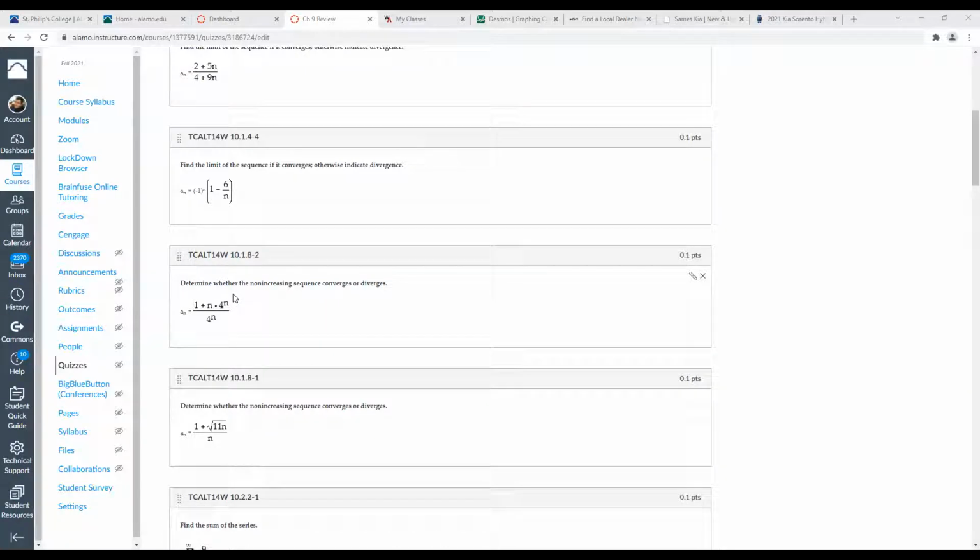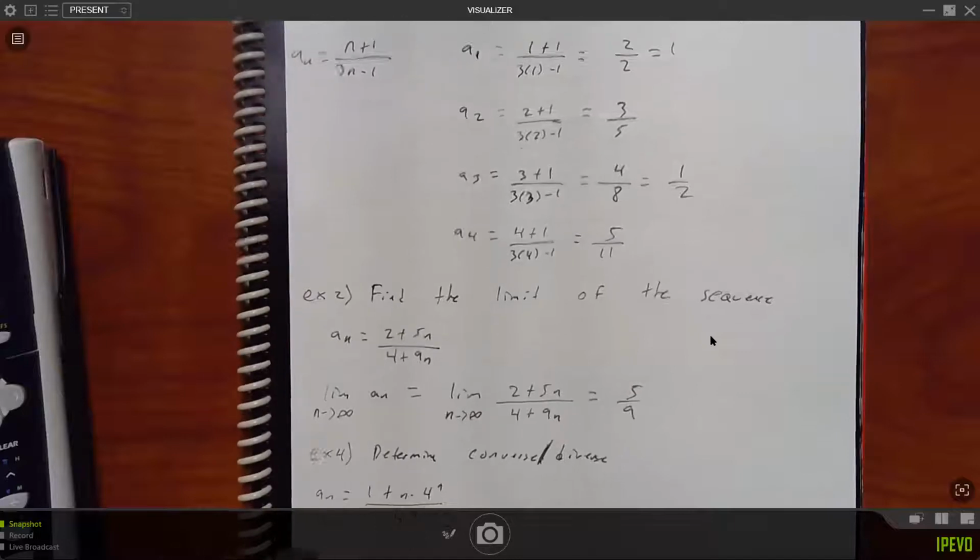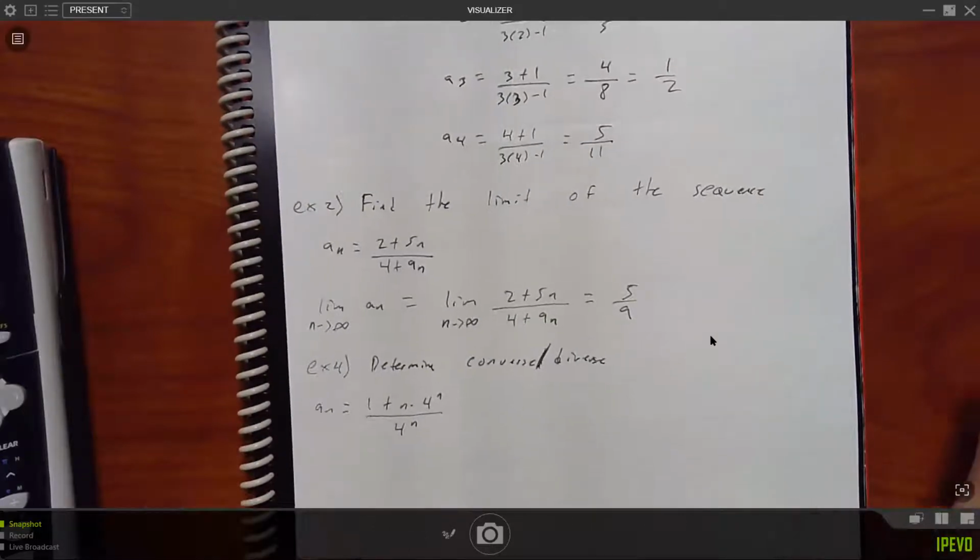Determine, I'm just going to shorten it up, converge, diverge. I'll switch over in just a second. Determine if it converges or diverges.